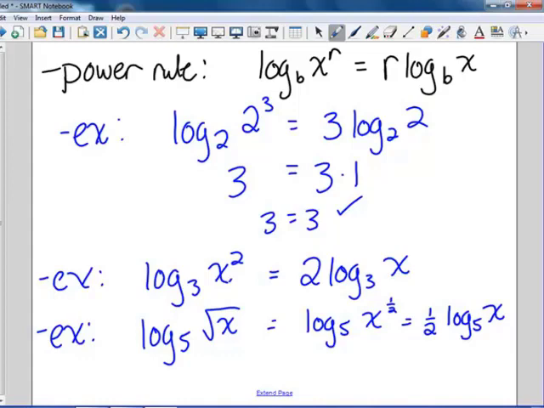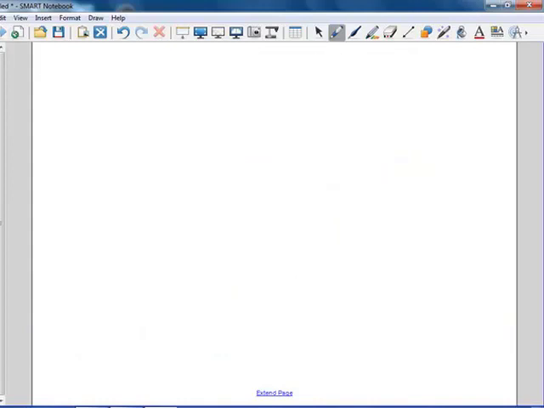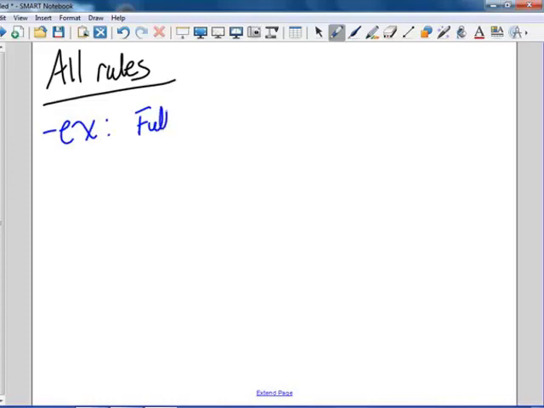Okay, let's do one where we have to use a couple of the rules. One more example. So here's an example with all the rules. How about this? The directions might say, fully expand this logarithm: log base 3 of x squared y divided by z to the 3rd power.